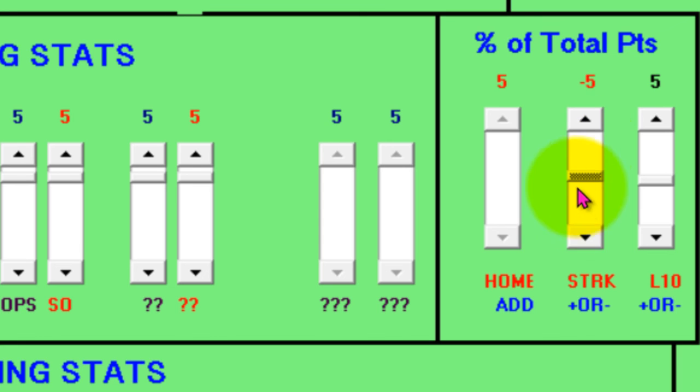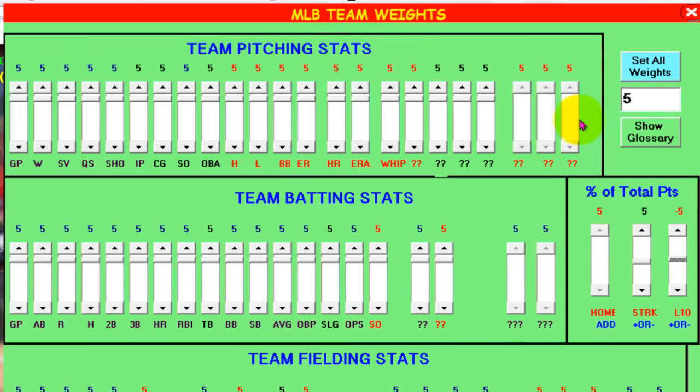So that's kind of why that was changed that way. Same thing for the last 10. The highest last 10 would get 5 points, or you could change it such that the highest would get minus 5 points because you believe that's going to change on them. Okay? So that's it. That's the weighting files.